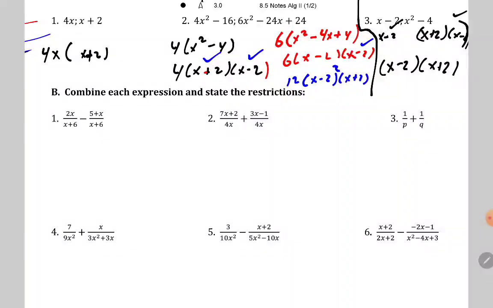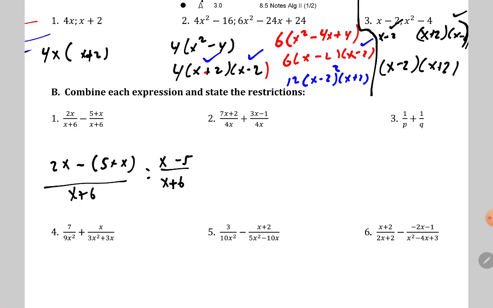Alright, combine each expression and state the restrictions. These have the same denominator, so I can just subtract like normal. 2x minus 5 plus x over x plus 6. And we'll get 2x plus x, which is 3x minus 5 over x plus 6.